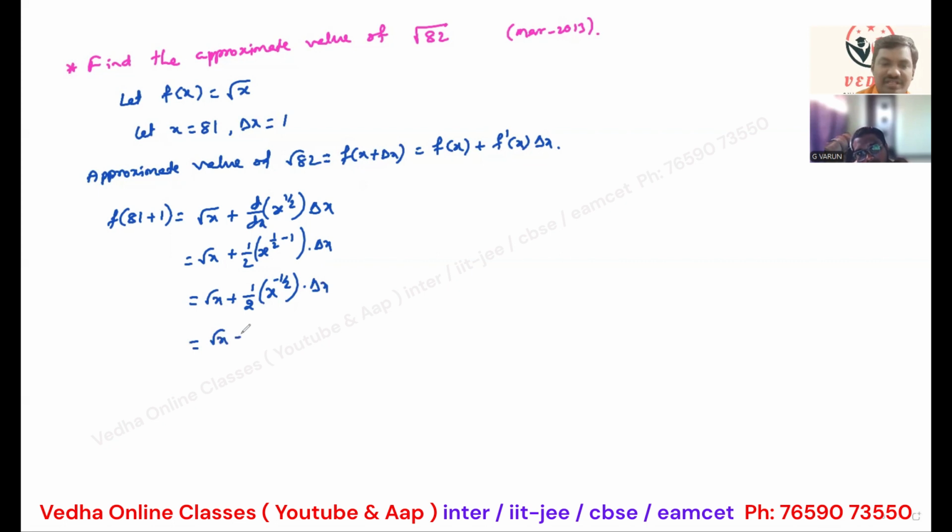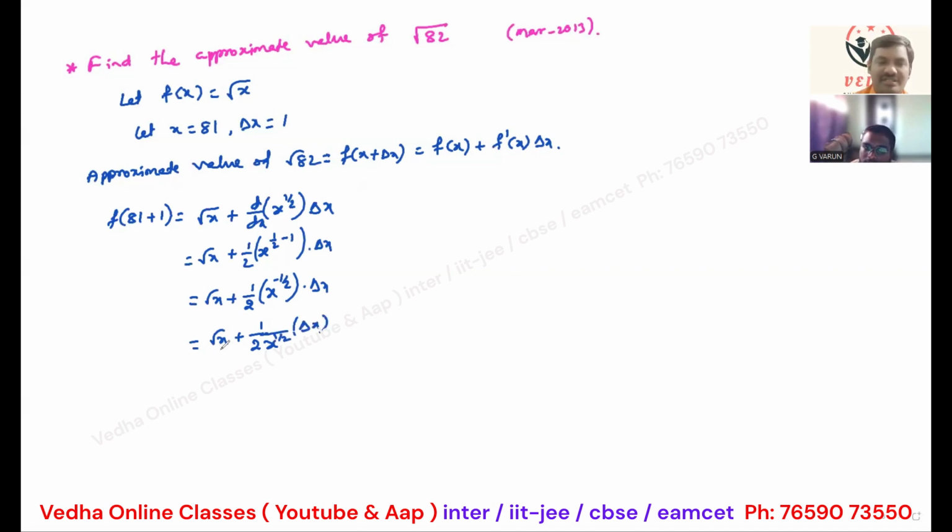So this is root x plus 1 by 2 and x to the power minus 1 by 2. The power is negative in the numerator, so take it to the denominator so that we get the positive, into delta x.